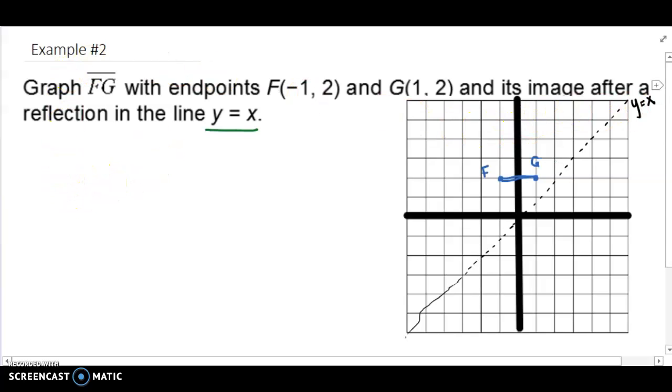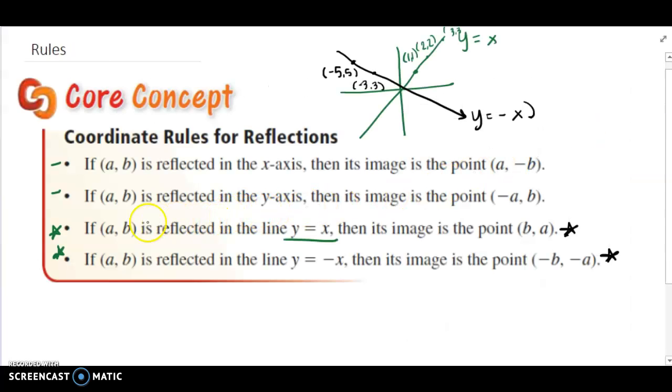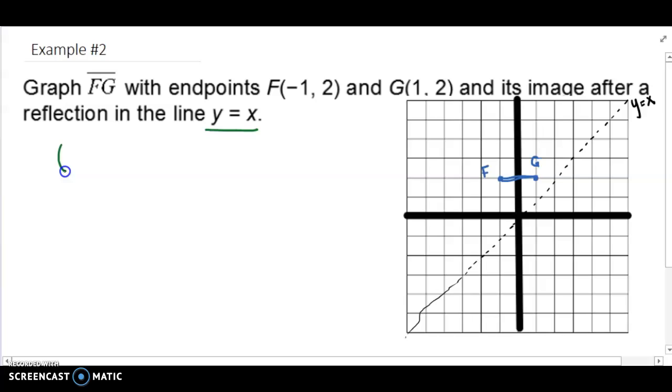In the slide before where we had rules, AB reflected over the line y equals x goes to BA. So I'm just going to write that here: AB goes to BA when it's reflected over the line y equals x.